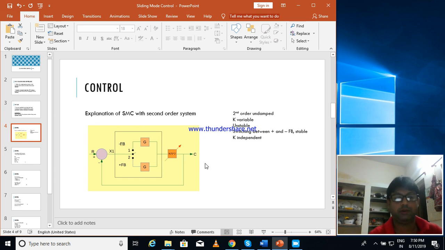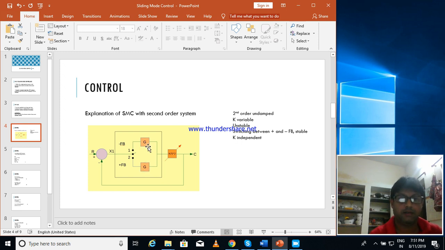So here I have considered one second order undamped system with variable plant gain K, and from the structure you can understand it is highly unstable. Here we have used one positive and one negative feedback path inside the digital controller. Even though the system is unstable, we can make it stable by continuous switching from positive to negative and negative to positive.